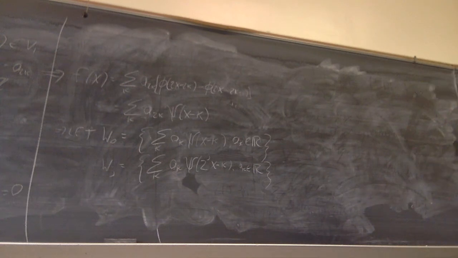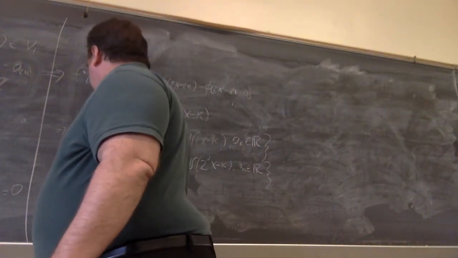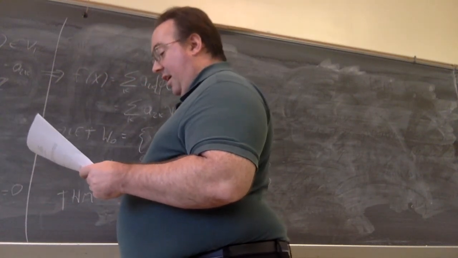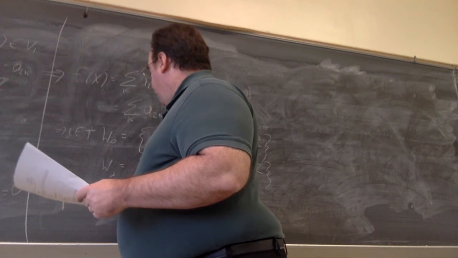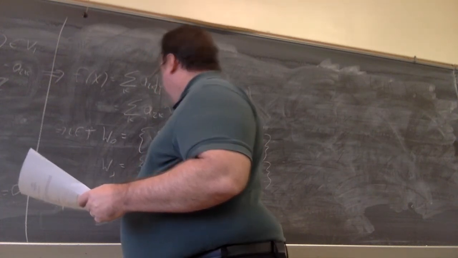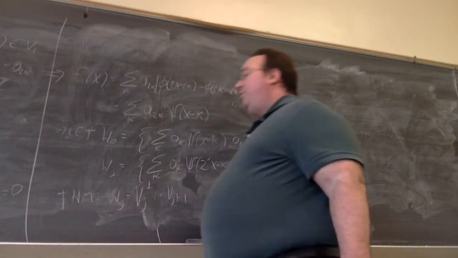All right. So a nice theorem that we have is that Wj is the orthogonal complement of Vj within the space Vj plus 1.